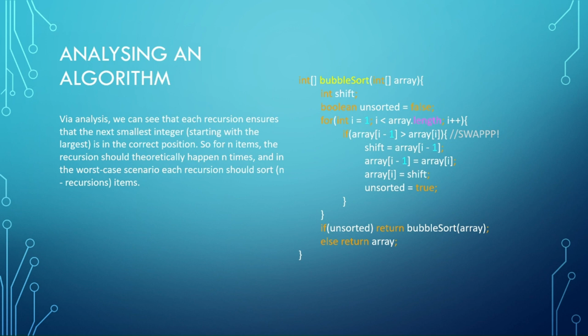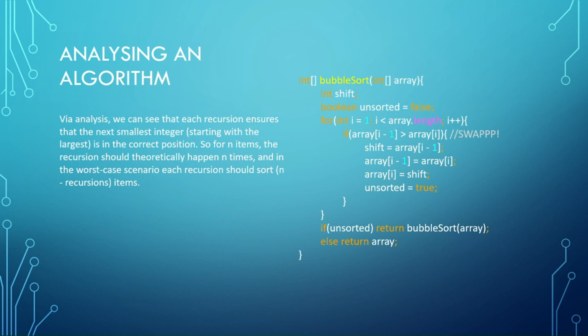And then if it's still unsorted, we return a new bubble sort of that array, which will again do the same thing with the next largest integer. It will be shifted all the way to the right. So surely that means for n items, the recursion should theoretically happen n times.